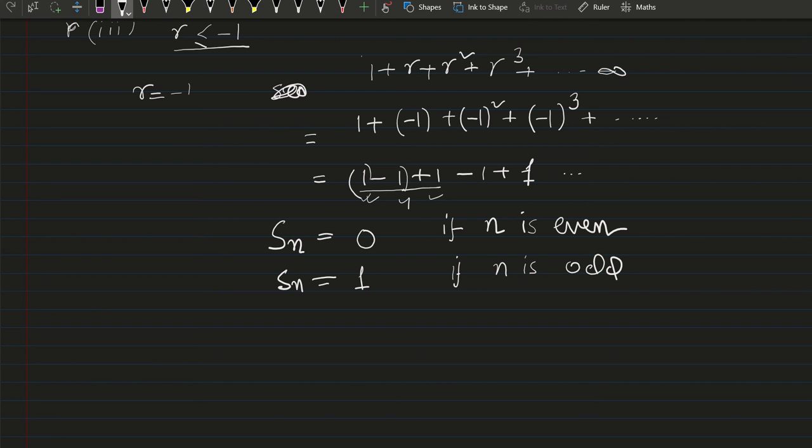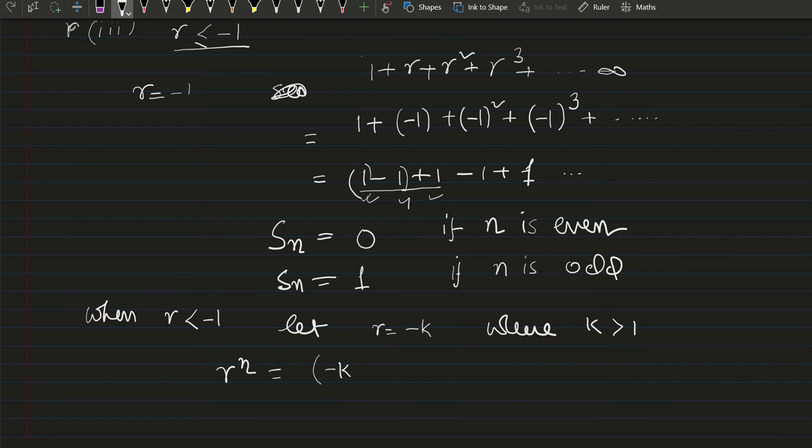Let's see when r is less than minus 1. So let r be equal to minus k, where k is greater than 1. Okay, so r to the power n is equal to minus k to the power n.